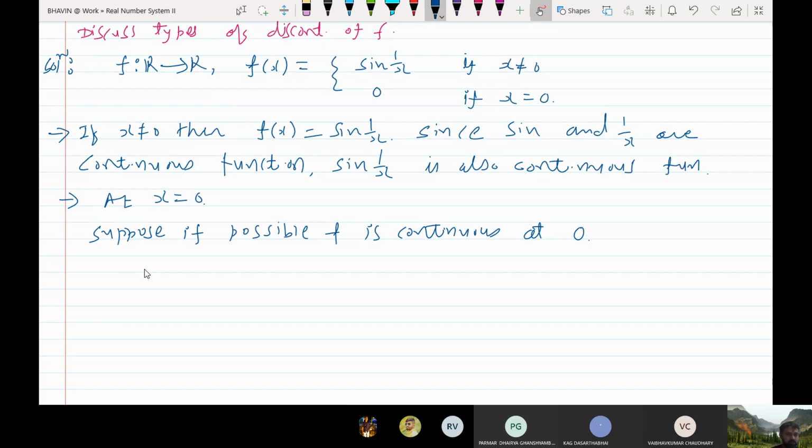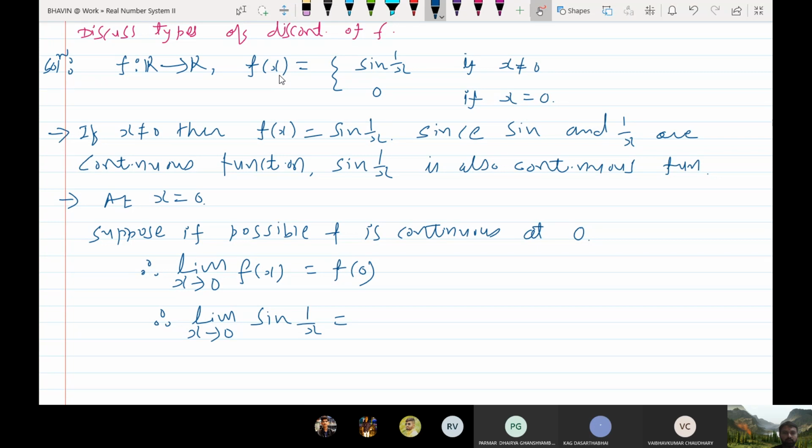What does this mean? We can say that limit x tends to 0, f(x) is equal to f of 0. So limit x tends to 0, what is f(x)? sin(1/x). And what is f of 0? If you put x equal to 0, then the function has value 0. Okay. So now this has limit 0.